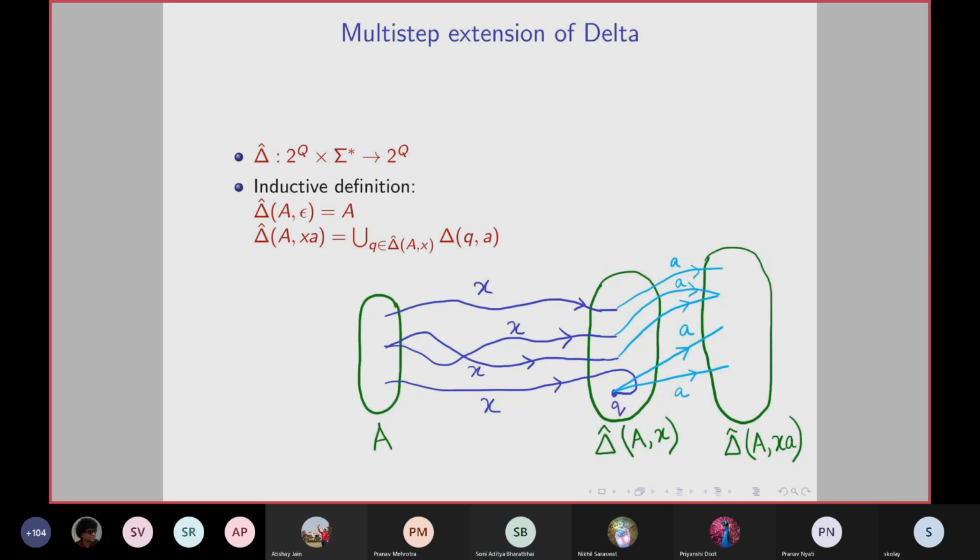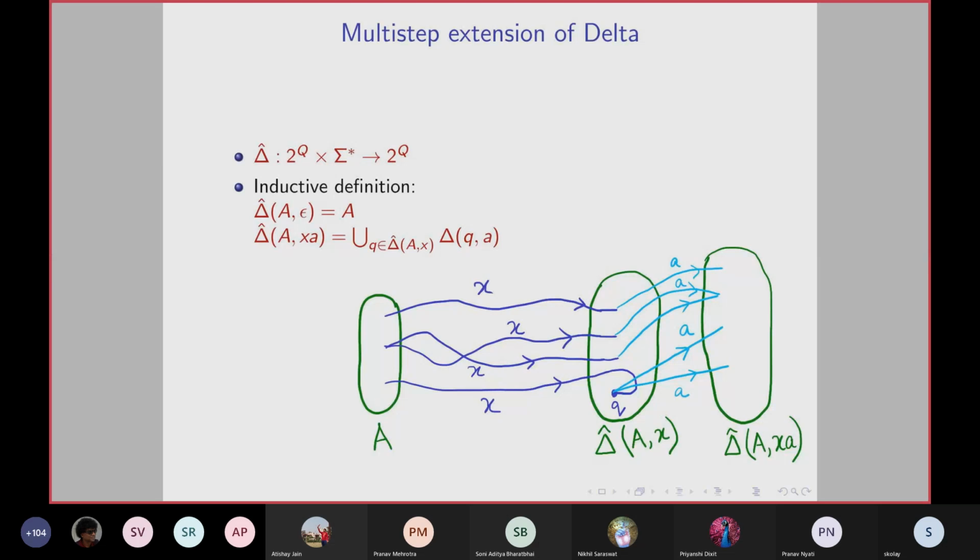So if I consider the inductive definition, again, if I read the empty string, I stay in the same set of states. If I want to read a string XA and find out what are the end states of all possible paths labeled by XA and starting from states in the set A, then delta hat gives me the set of end states. So how do I define it?